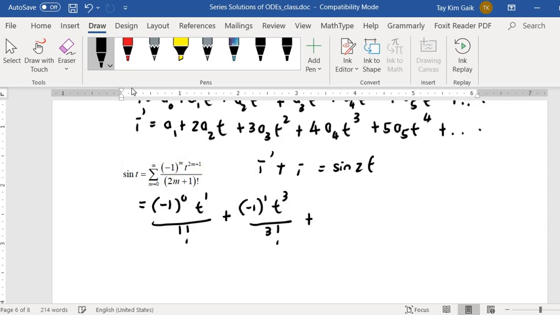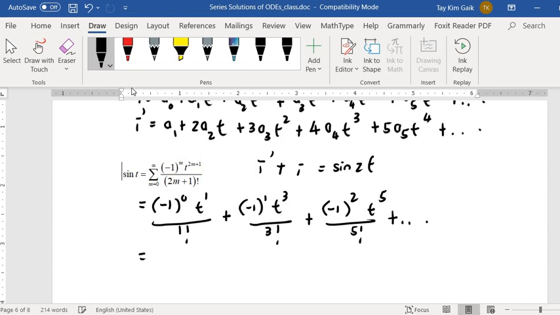And then m is 2, negative 1 squared, so this t power 2 times 2 plus 1, t power 5. So here 2 times 2, 4 plus 1, 5 factorial. And so on.